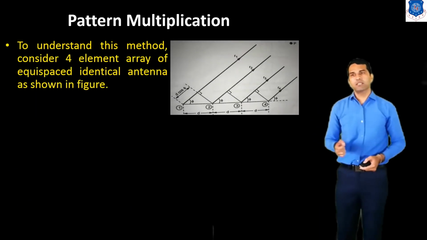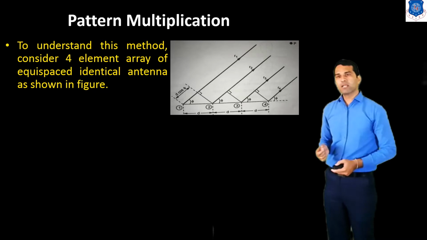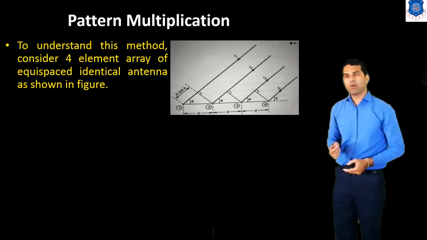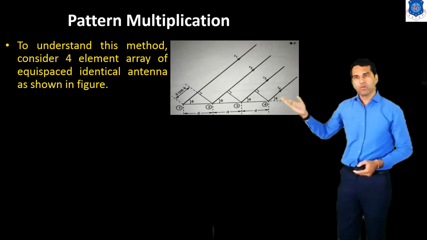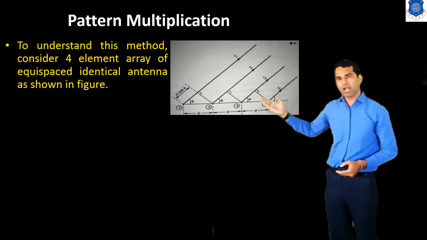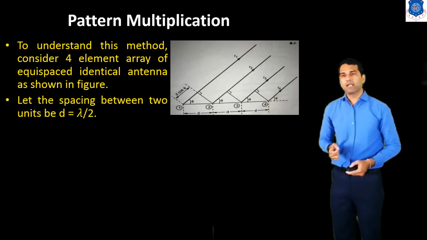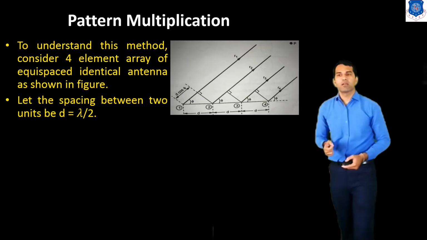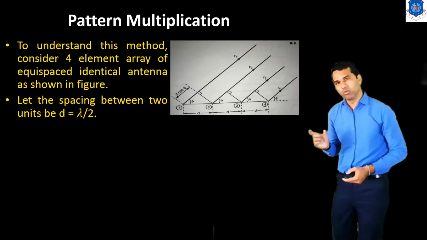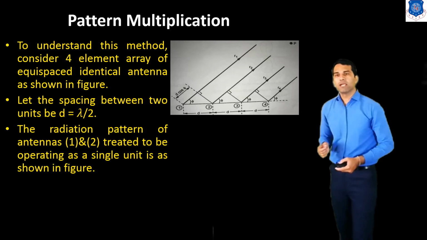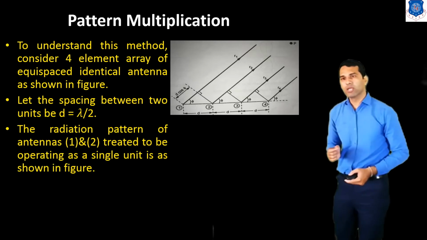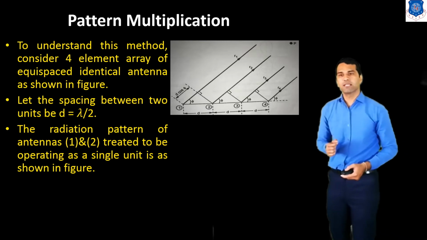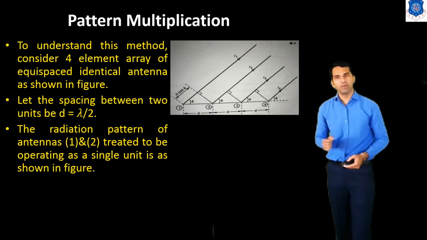To understand this, we consider a 4 element array of equally spaced identical antennas as shown in this figure. So here we consider the 4 elements. Let the spacing between these elements be d equals lambda by 2. The radiation pattern of antennas 1 and 2, treated as operating as a single unit, is as shown in the figure.